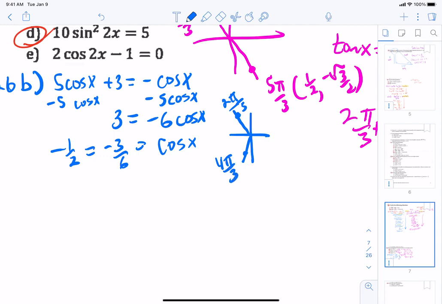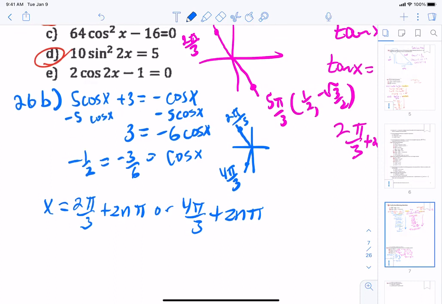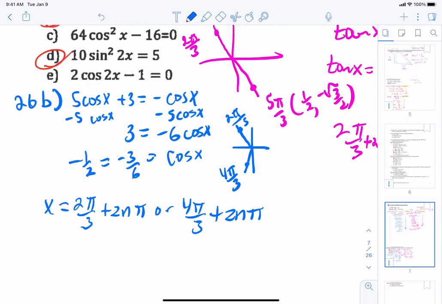And so the answer is 2 pi over 3 plus 2n pi, 4 pi over 3 plus 2n pi. So that is 26B.